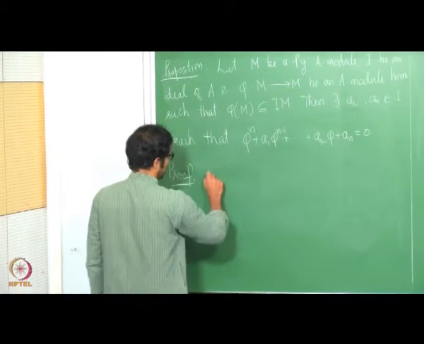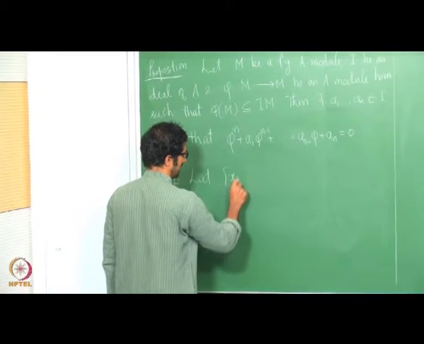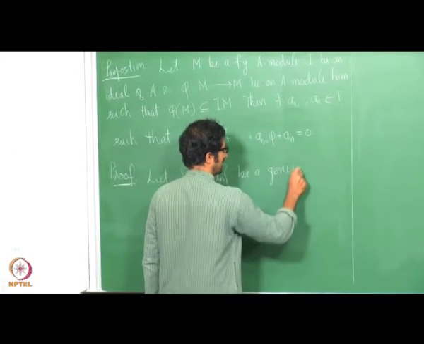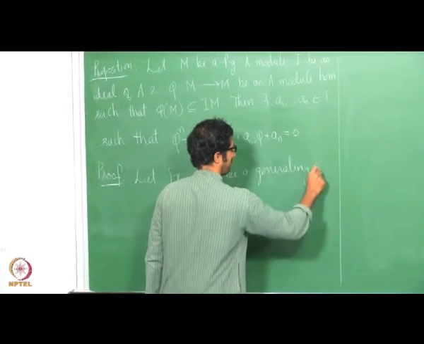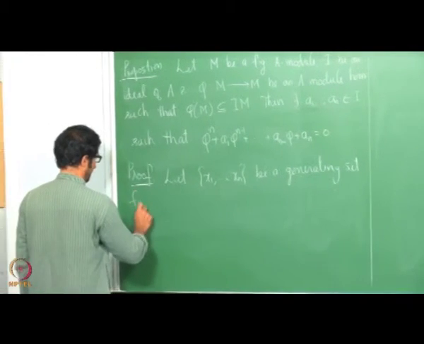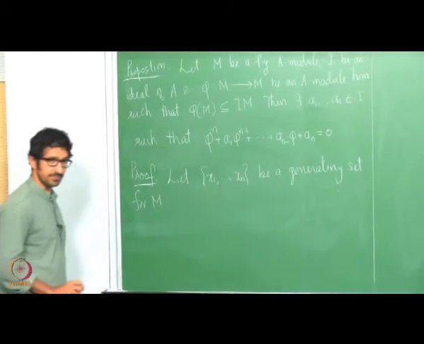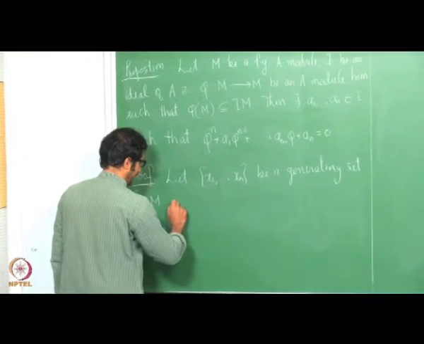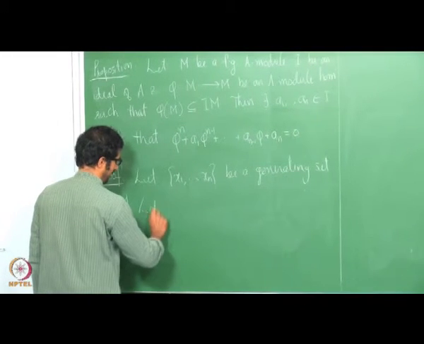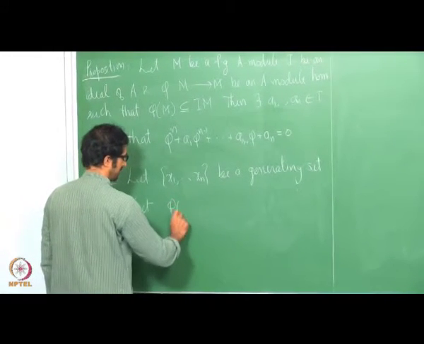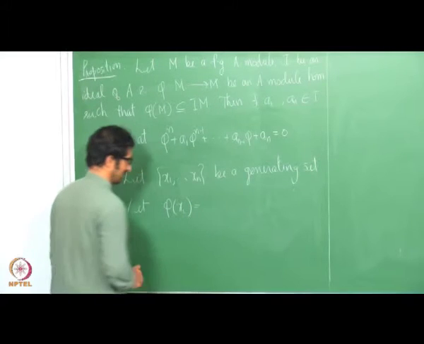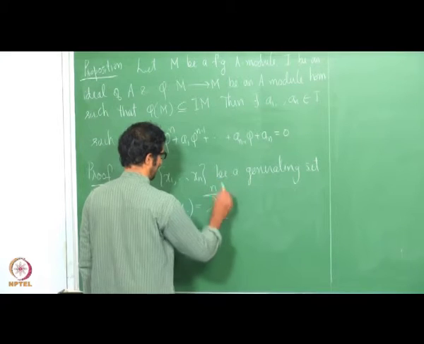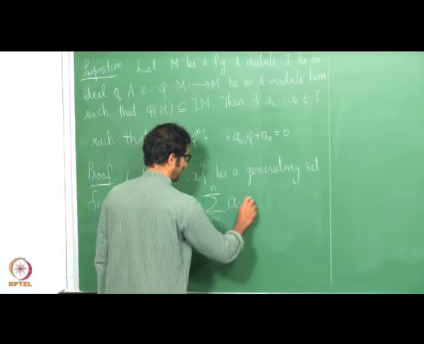M is finitely generated, so let us start with the generating set x1 up to xn for M. Therefore I can write phi of xi equal to summation j from 1 to n aij xj.